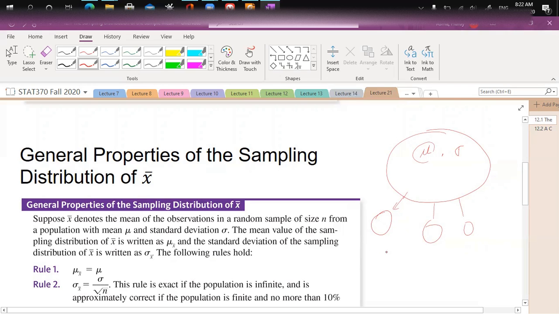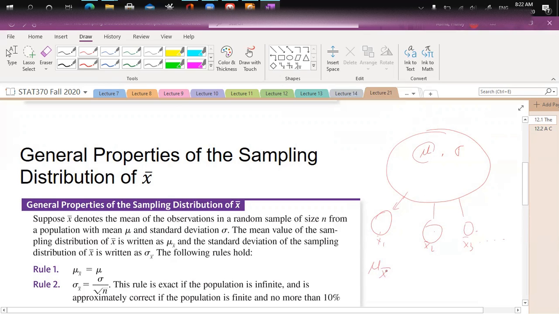Then calculate x bar from each sample. Let's call them x bar 1, x bar 2, x bar 3, and so on. Now find the mean of these x bars.